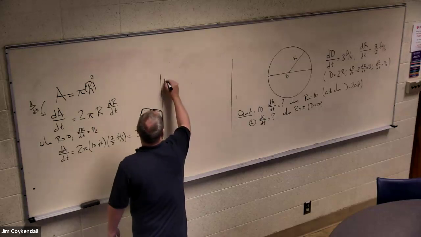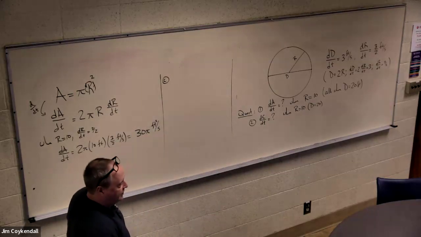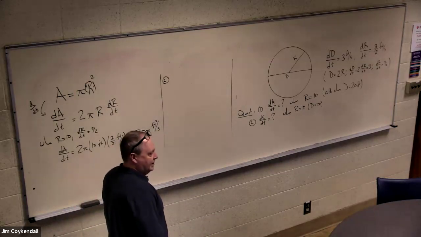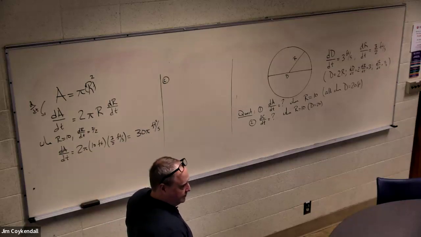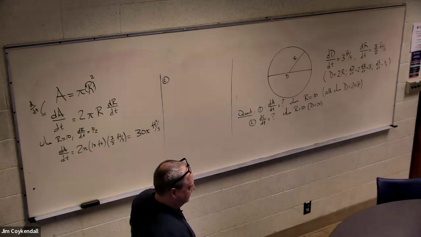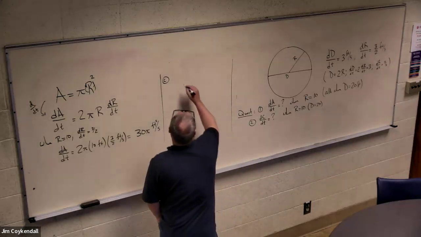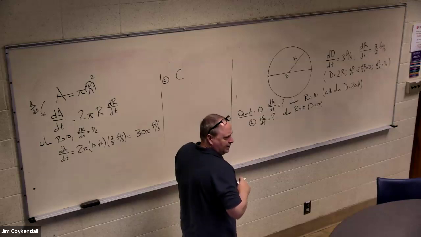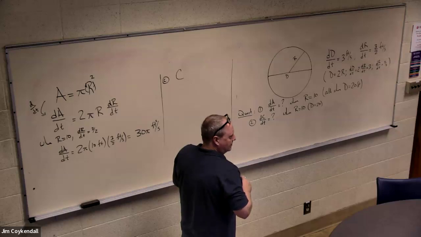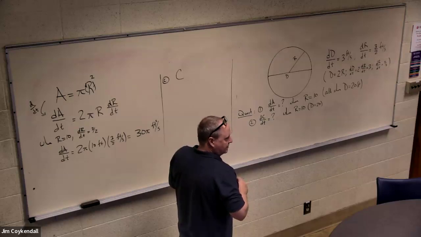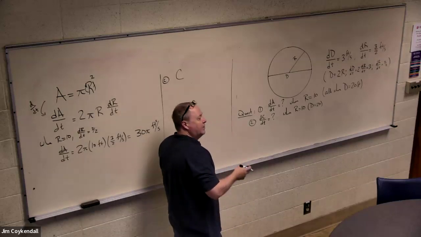How about question number 2? Can somebody give me a formula for the circumference in terms of either diameter or radius? Circumference of the circle is 2 pi r.